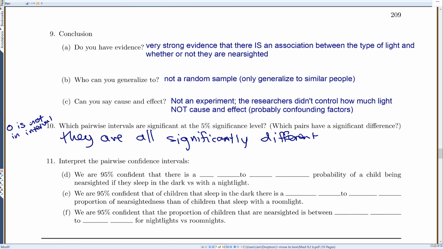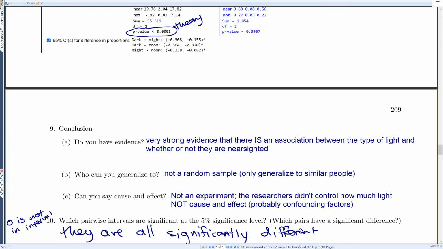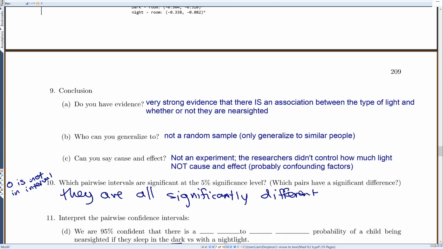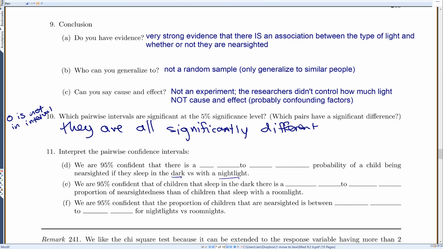Okay. And then we might want to interpret them. So first, we want to compare dark versus night light. So let's come back up and find dark versus night light. That would be this first one right here of negative 0.308 to negative 0.155. I did word each one a little bit differently.